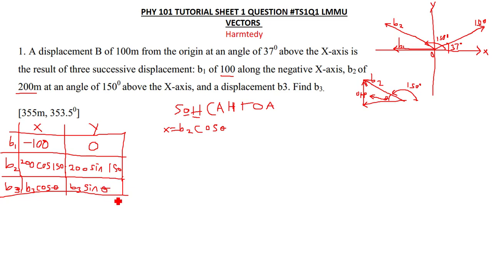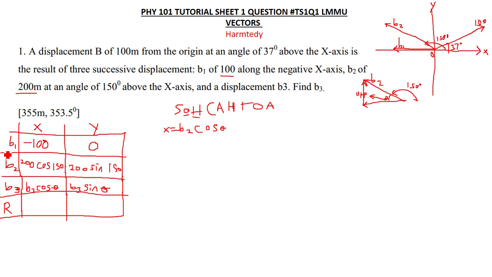Okay, so after finding all this, to find the resultant component vectors both in the y and in the x, we add all these. When you type 200 cos 150 on your calculator, you get negative 173.